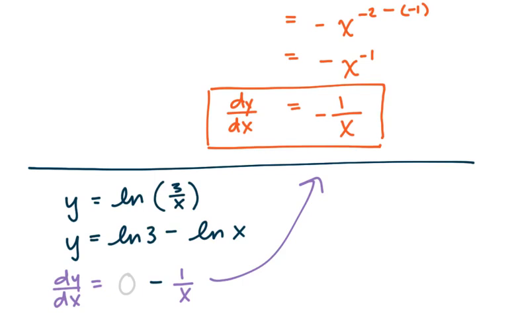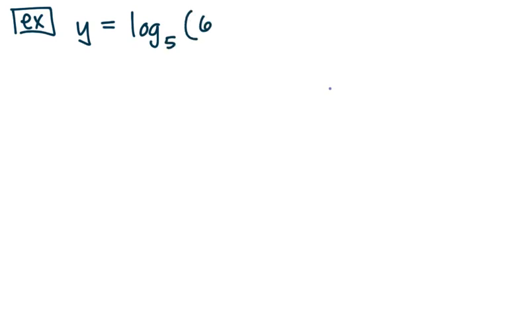So let me just do one more example, a basic logarithm derivative using the chain rule, although it's not going to be base e. So we have y equals, I'll say log base 5 of 6x cubed.